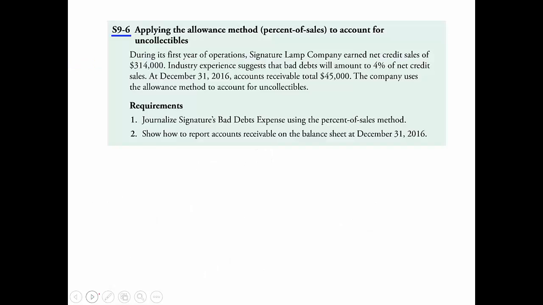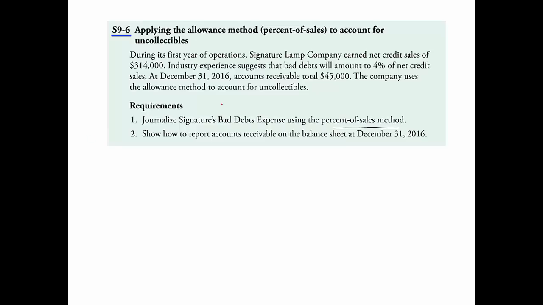So during its first year of operation, Signature Lamp Company earned net credit sales of $314,000. Industry experience suggests that bad debts will amount to 4% of net credit sales. And at the end of the year, accounts receivable were $45,000. Using the allowance method and the percent of sales method, I'm going to do the journal entry for the bad debt expense, and then figure out the balance on the accounts receivable.